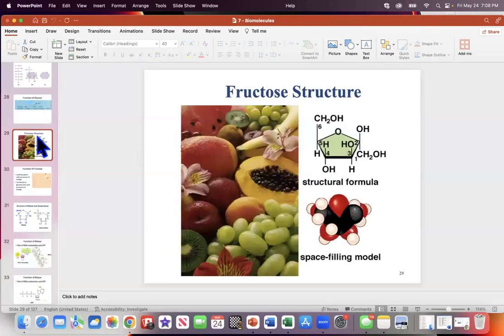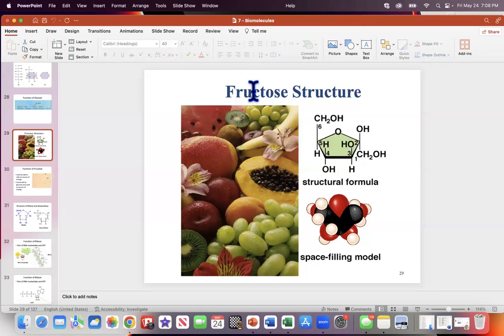Okay, next one is called fructose. Fructose is very similar to glucose, but structurally different. That's why we call them a different name, fructose. Fructose is the sugar you find in fruit. And in your body, when you eat fructose, basically your liver just turns the fructose into glucose.